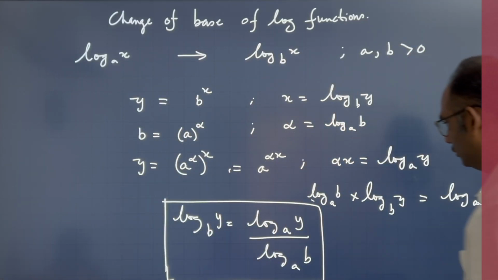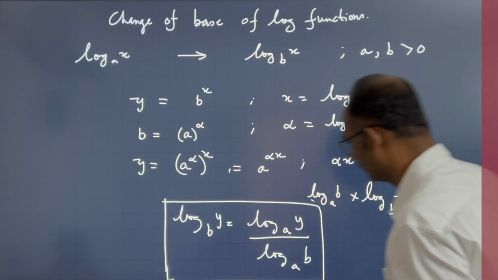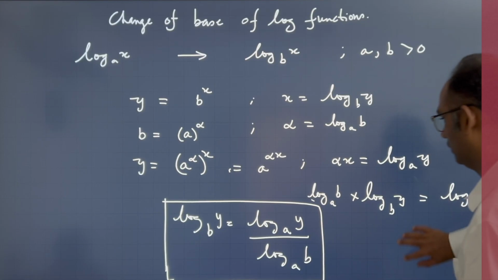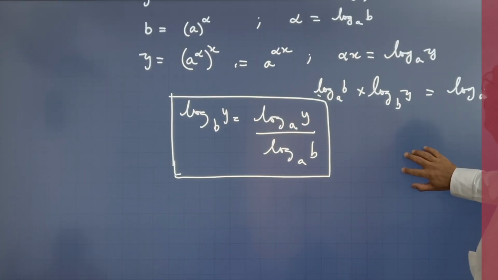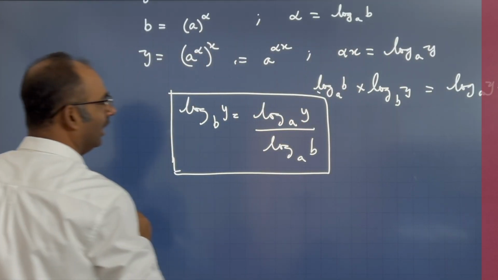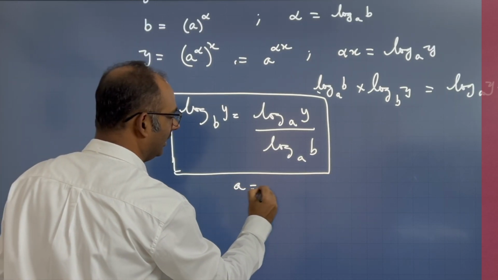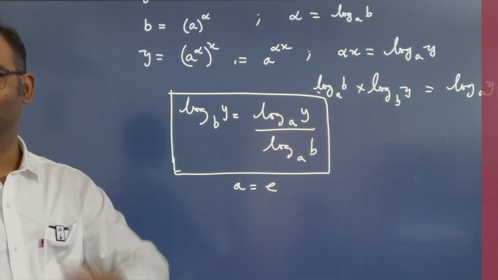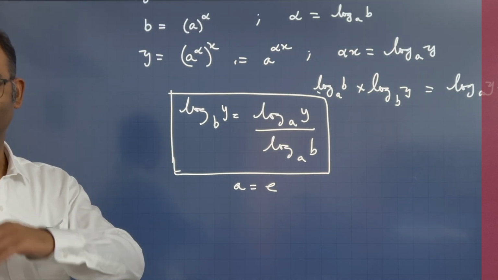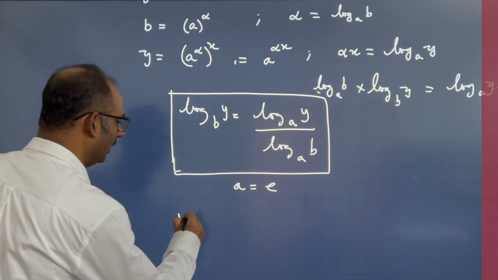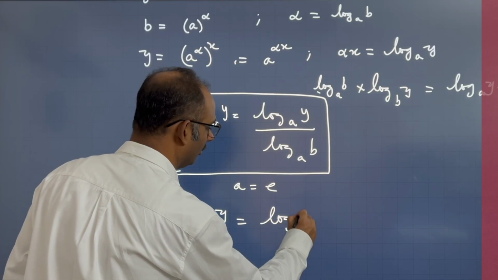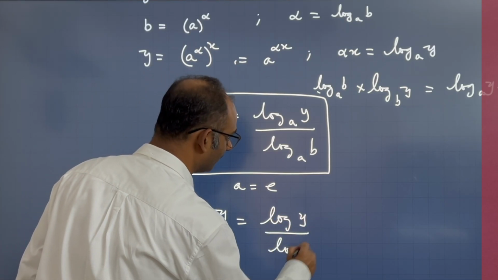So that's another very useful relation to know. And of course, if I choose a equal to e, where e is that number 1 plus 1 plus 1 over 2 factorial, plus 1 over 3 factorial and so forth, then log of y to the base b is simply log of y over log of b.